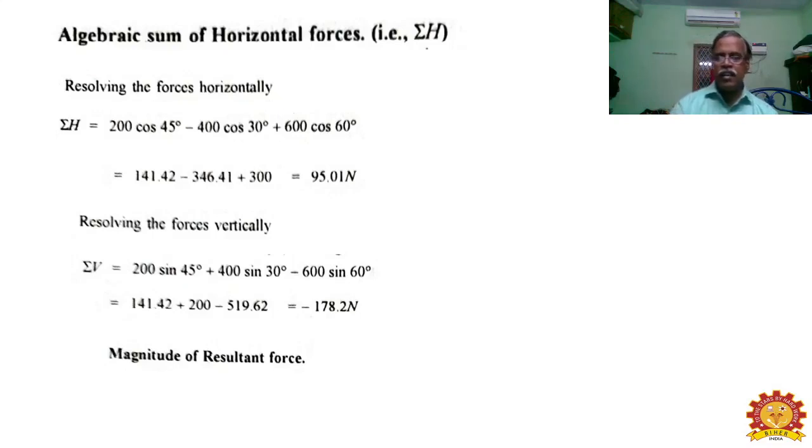That can be done by the formula R is equal to root of sigma H squared plus sigma V squared. If you substitute these two values, sigma H and sigma V, in this equation, very easily we can get the value of force as 201.95 Newton.